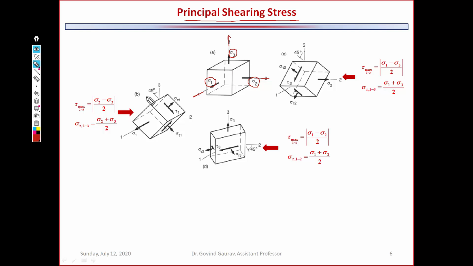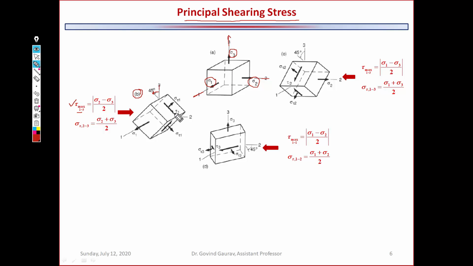The first case is when we are interested in calculating the values, or representing the planes of the maximum shearing stresses. In this case, the maximum shearing stress acting on the plane 2 3 is given by sigma 2 minus sigma 3 divided by 2, and that plane is inclined at an angle of 45 degrees with respect to the third coordinate axis.